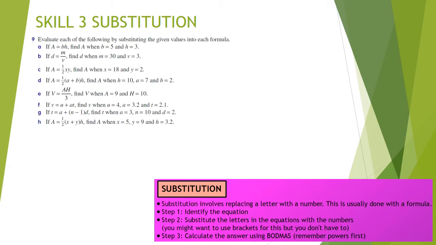So if we look at 9a, the formula or the equation is A equals BH. Remembering that if you see any numbers or letters written next to each other, there's an invisible multiplication sign in the middle. So this really means A equals B times H. Now, the values that we've been given in this question are B equals 5 and H equals 3.